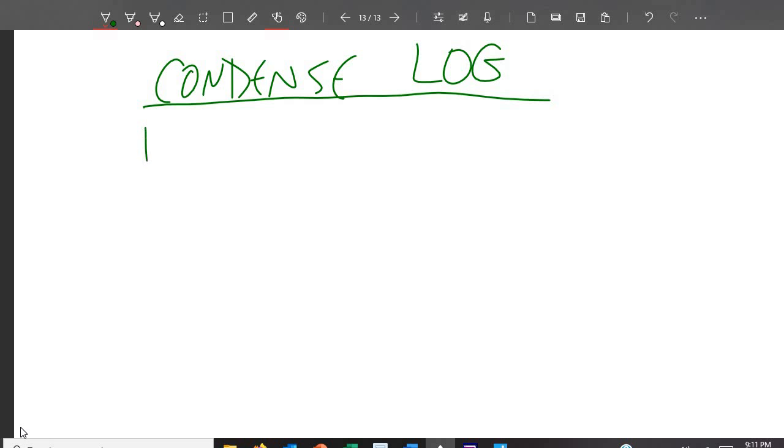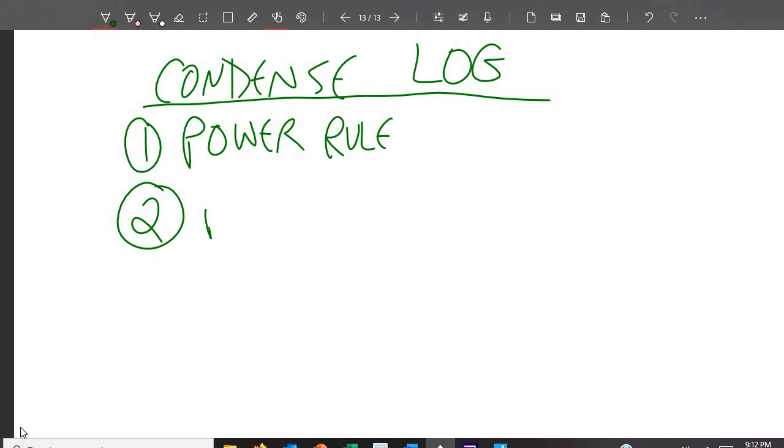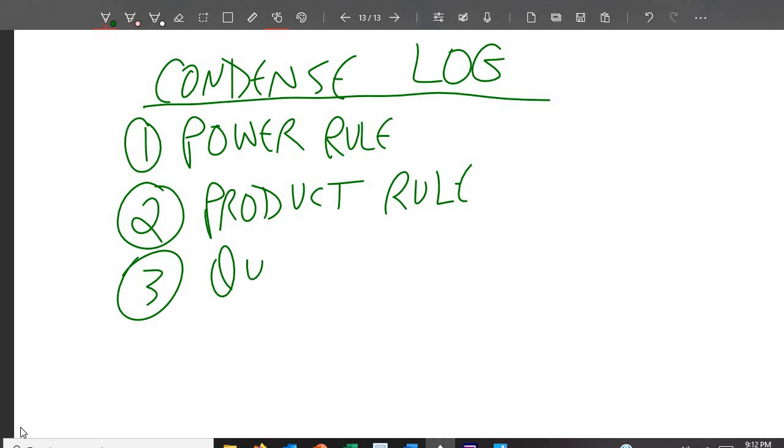Now, you have to do these in a specific order. You do the power rule first. Then you do the product rule. Then you do the quotient rule. I'll do some simple ones and show you what's happening.